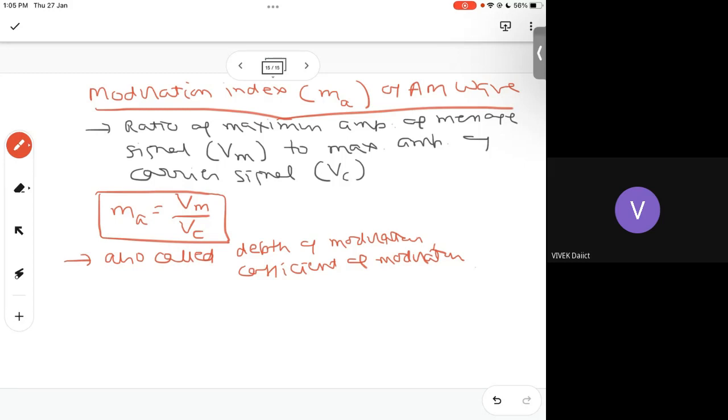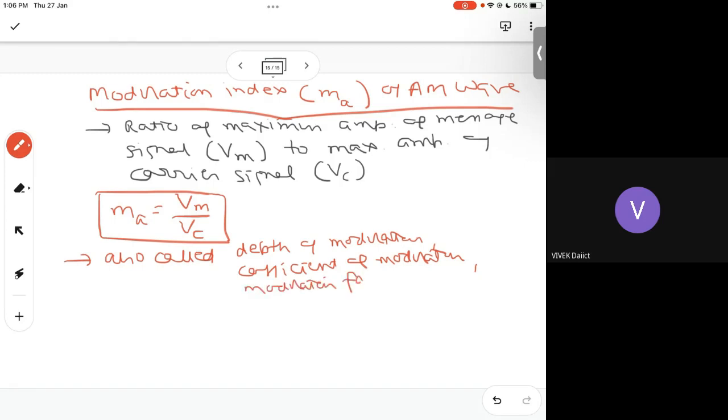And how much I could change, that becomes my modulation index. Okay, because I could change the frequency, I could change the amplitude, I could speak very fast, very slow. We'll understand slightly better, it's called modulation index. So depth of modulation, coefficient of modulation, sometimes it is also called modulation factor.